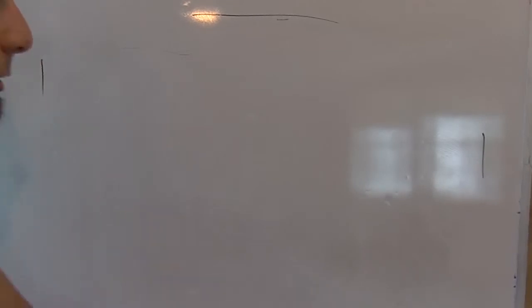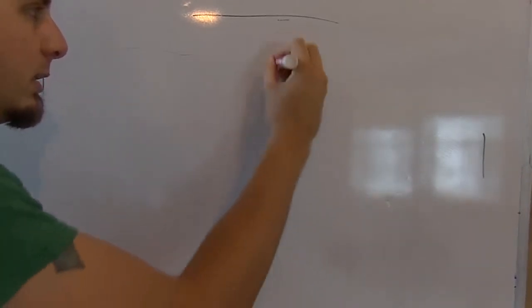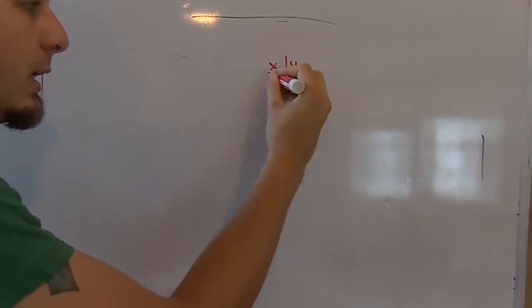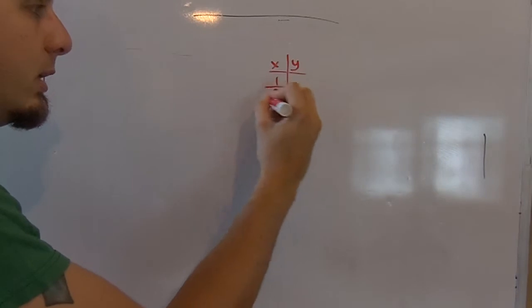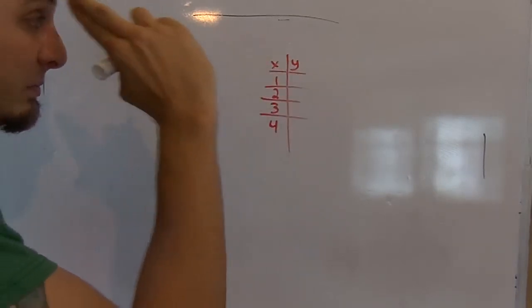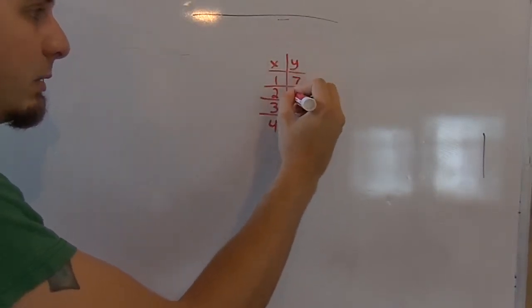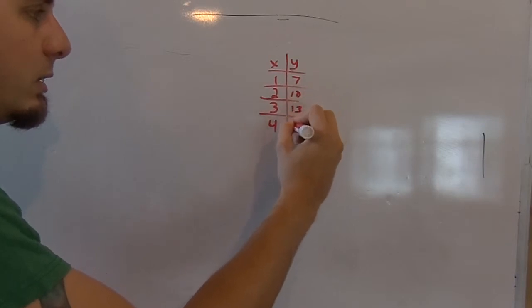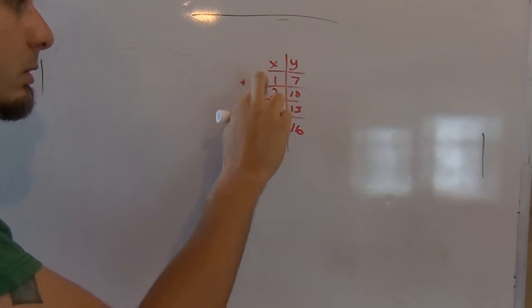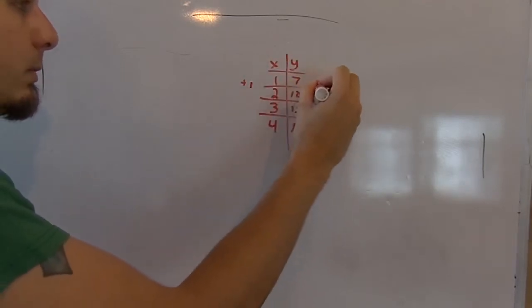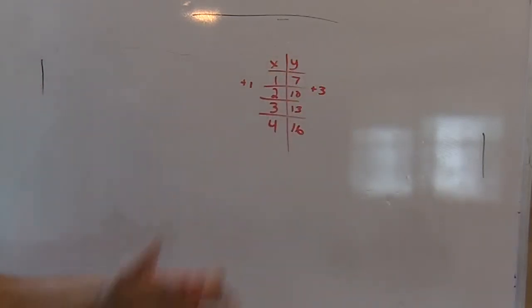But proportional linear equations, we showed you before on the table, we had x's and y's, and my y's were 7, 10, 13, and 16, and so I was going up 1, up 3, so I did have that constant rate of change.